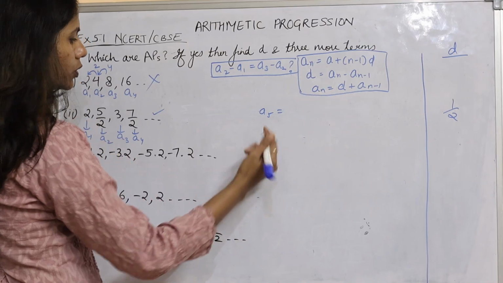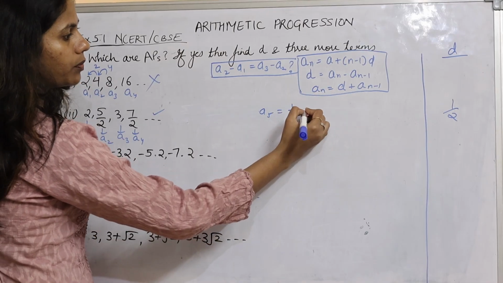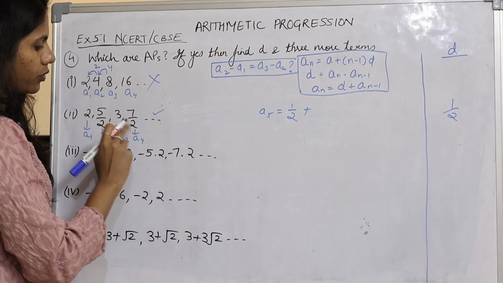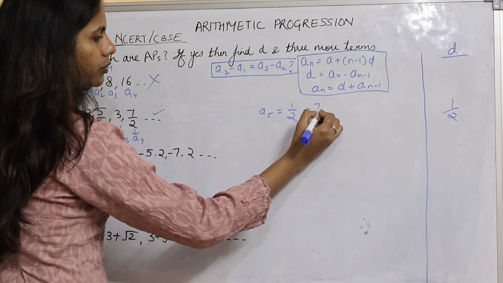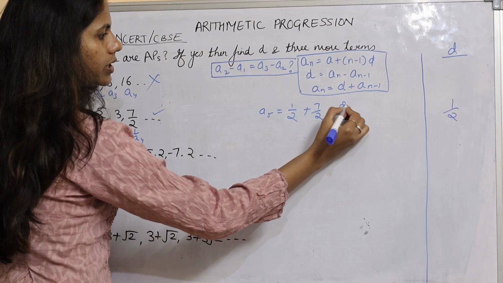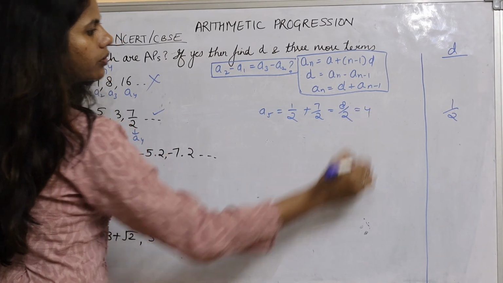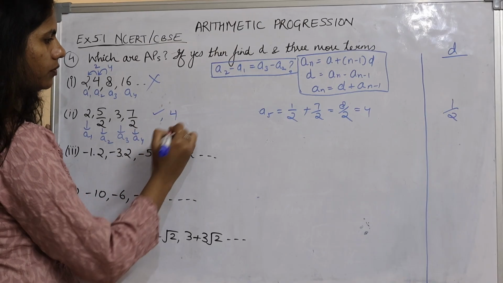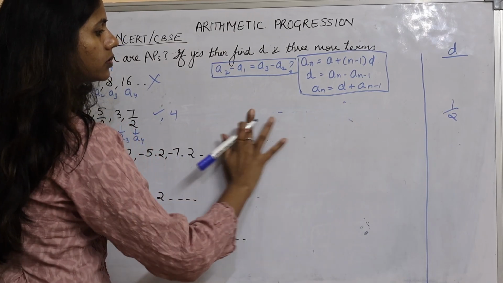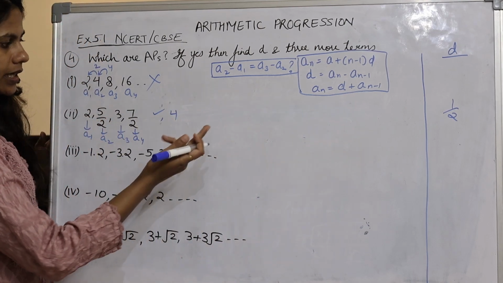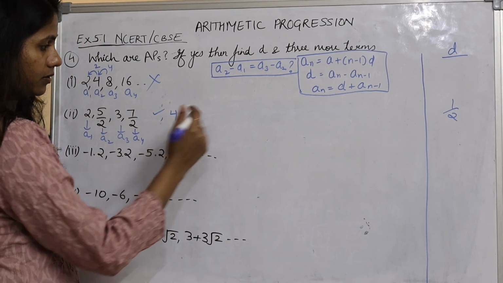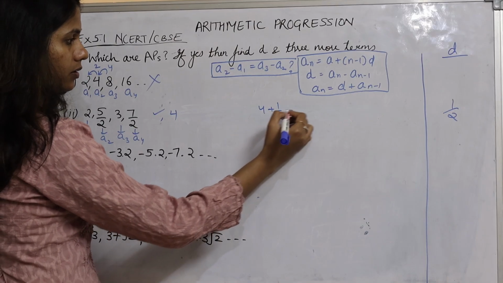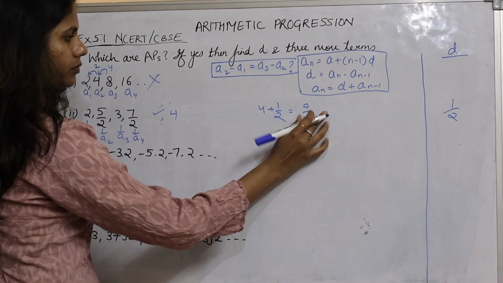Now if I want to find out a5, so a5 is equal to, what is d? We know the d now, plus an minus 1. an minus 1 means a4. So a4 is 7 by 2, which is very straightforward, and you can mention it like 4. So the next term is 4. Now in the same way, for the next term, 4 plus 1 by 2, it will be 9 by 2.